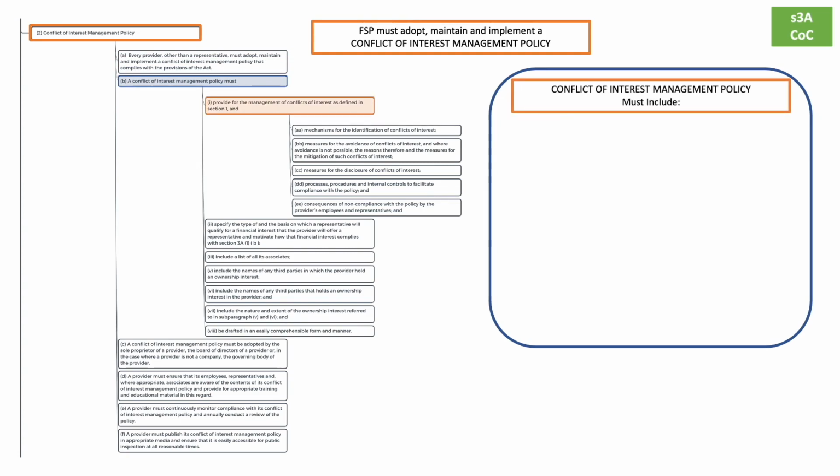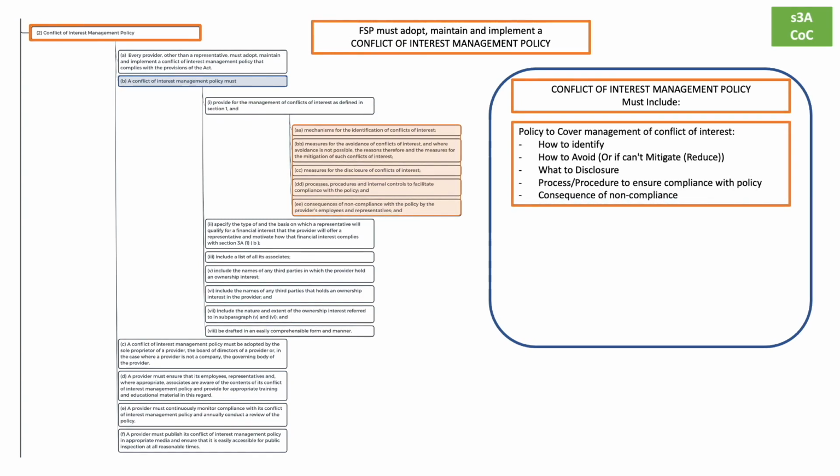The policy should cover how to identify a conflict of interest, how to avoid, and if unable to avoid, then reduce a conflict of interest, and what to disclose about the conflict of interest, and what processes and procedures need to be followed to ensure compliance with the policy, and the consequence of non-compliance.